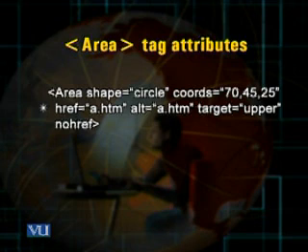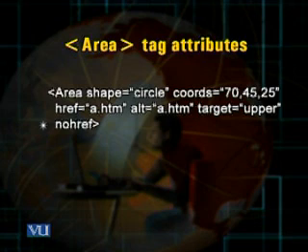I have also introduced an attribute target, keeping its value upper, in case we are dealing with frames and we want to specify that the resulting page should open at a particular frame. Then I can use the target attribute in the area tag, and I can keep any frame name as the value of the target attribute. Here you can see at the end another attribute, nohref. Nohref indicates that this particular shape, this region, should not be clickable.